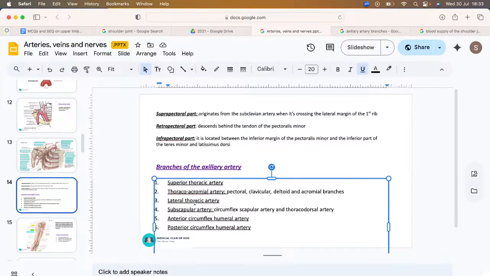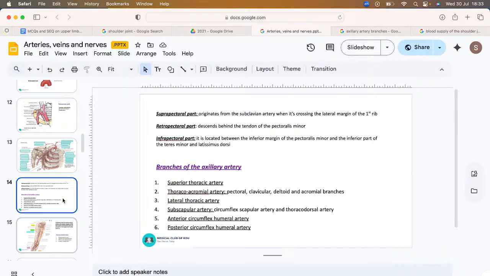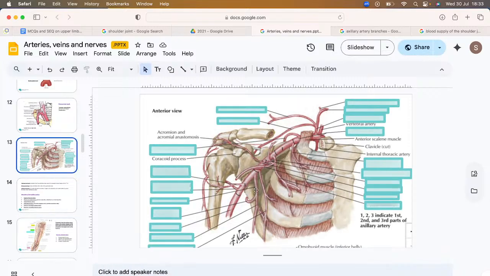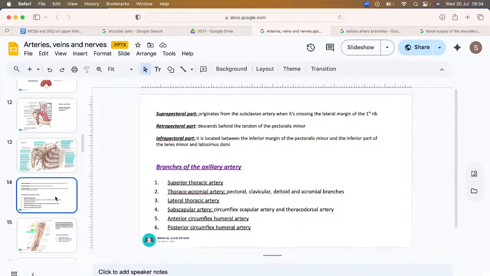Then we have the lateral thoracic artery, the subscapular artery, and the subscapular artery is here. You can see it's coming down from the 3rd section and it's dividing into the circumflex scapular artery and the thoracodorsal artery that supplies the latissimus dorsi muscle. And then finally we have the anterior circumflex and the posterior circumflex humeral arteries.